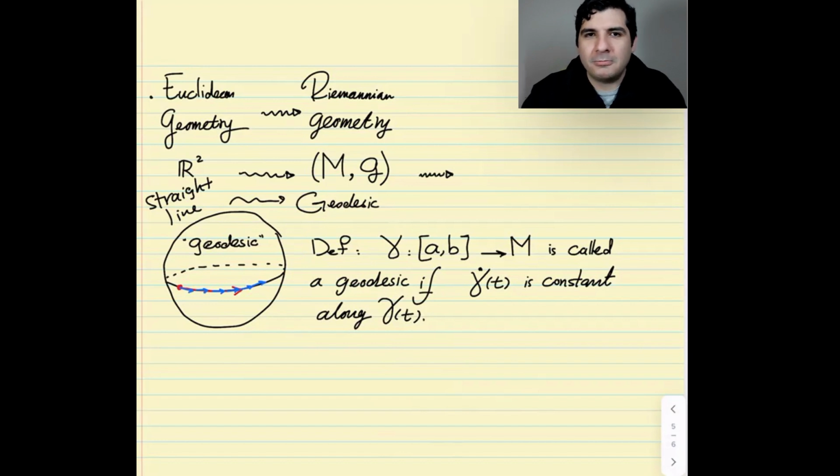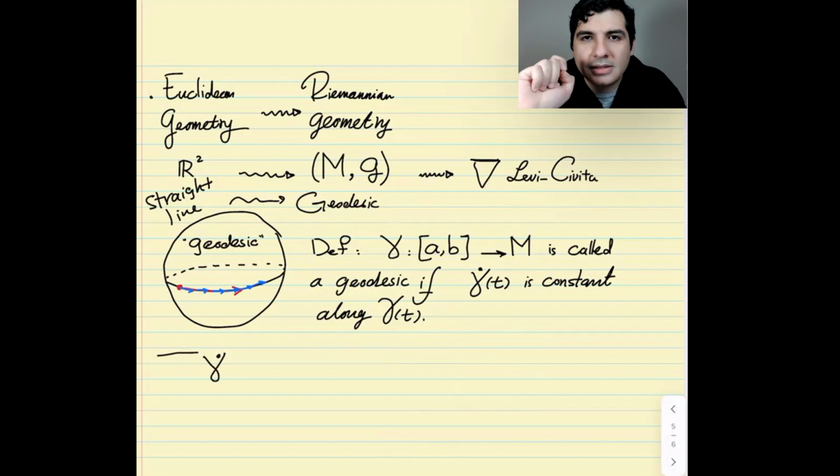Remember, when we have a Riemannian metric on a manifold, there is a unique compatible symmetric connection on that manifold called the Levi-Civita connection. If you didn't see this, you can look at the previous lecture.